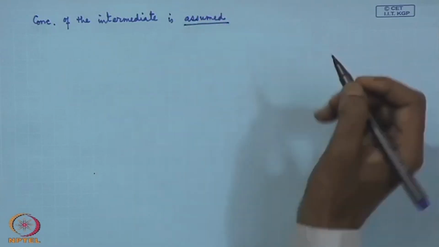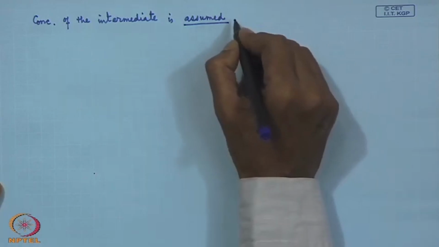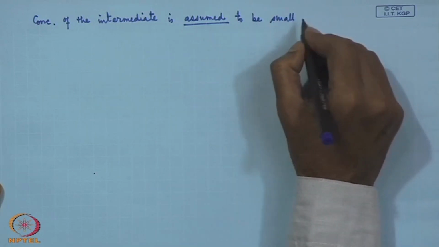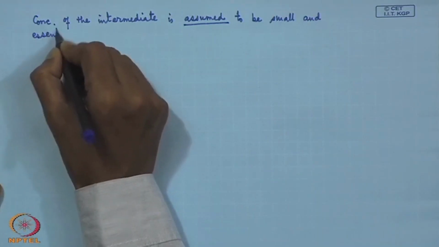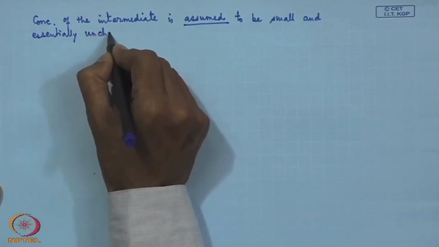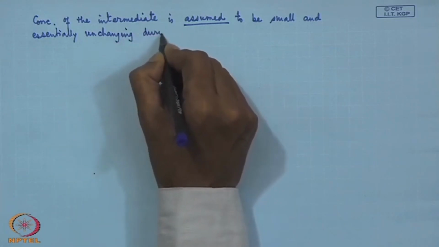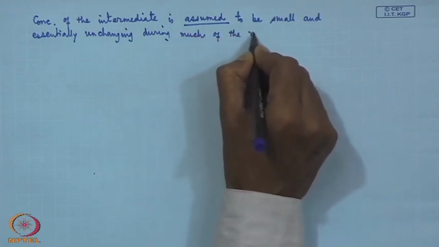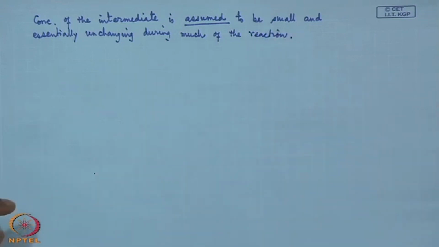That is the corresponding approximation for the steady state, which is reached for the conversion to the product, assumed to be small and essentially unchanging, or not changing, during much of the reaction or during the course of this particular reaction.